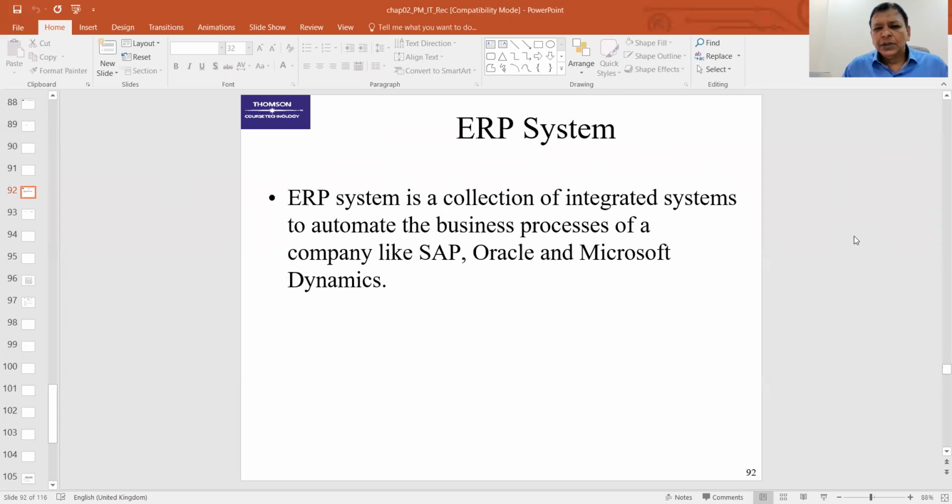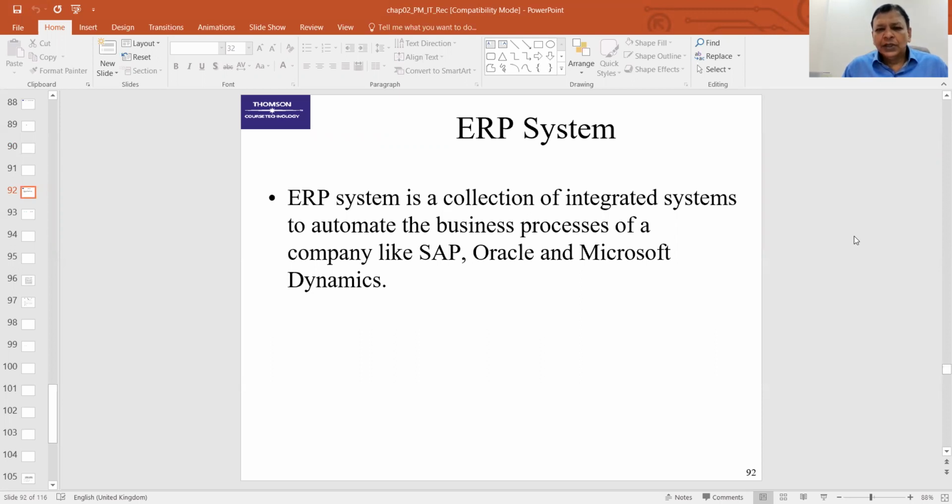The most popular commercial ERP systems, we also call them COTS, commercial off-the-shelf systems. People call it SAP, which is wrong. It is SAP, System Application and Products, a very famous company from Germany, established in 1972.